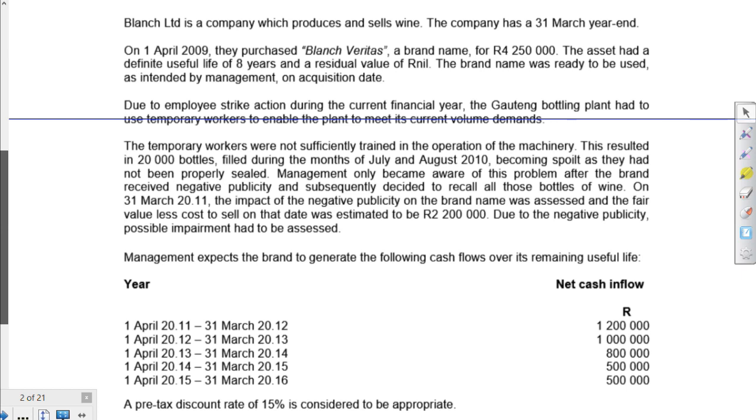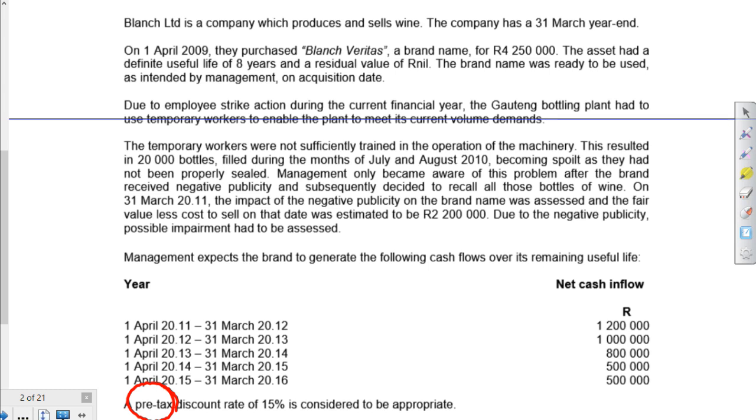Whenever students see this, you have this urge to adjust it, isn't it, to after tax, or do something with it. The rule is always like with like. If my cash flows are pre-tax, then I use a pre-tax discount rate. If my cash flows are after tax, I use an after-tax discount rate, isn't it?